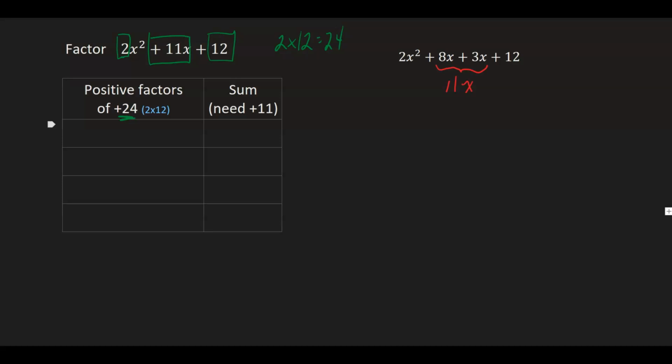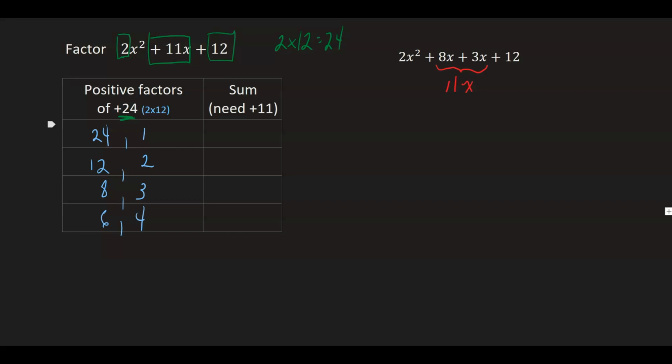So we've got 24 and 1, 12 and 2, 8 and 3, 6 and 4, and for positive 24, there could be the negative of each of these as well. I'm just not going to show every single one, but that's what we would have to go through.